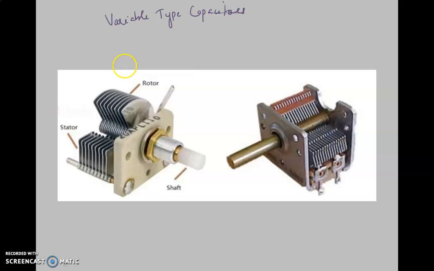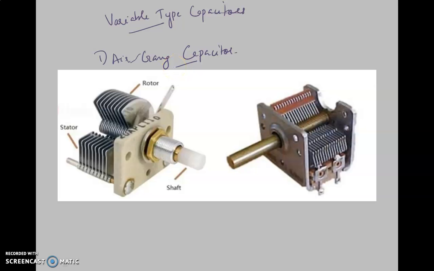Coming to variable type capacitors, the first one we are going to learn is the air gap capacitor. Whenever capacitance needs to be varied, we use this type of capacitor.